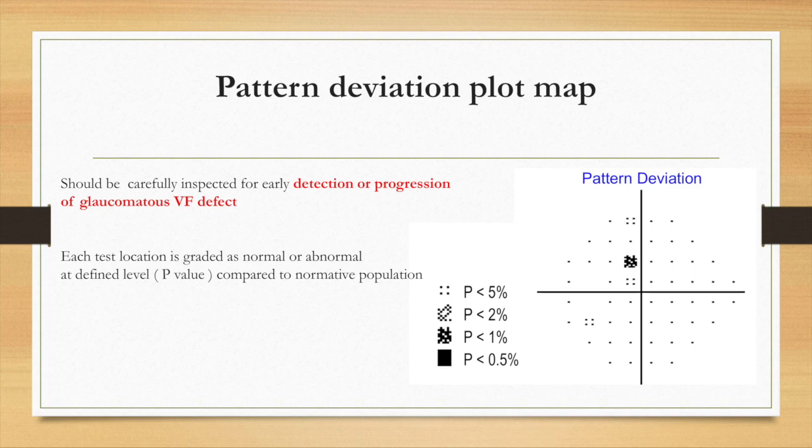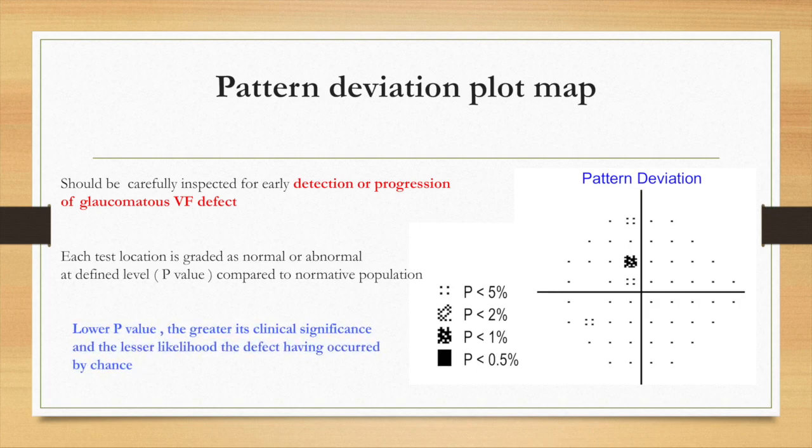Abnormal: four dots where the p-value is less than 5%, and the lighter shaded box where the p-value is less than 2%, and moderate darkly shaded box where the p-value is less than 1%, and the fully darkened box where the p-value is less than 0.5%. The lower the p-value, the greater its clinical significance and the lesser the likelihood that the defect occurred by chance.